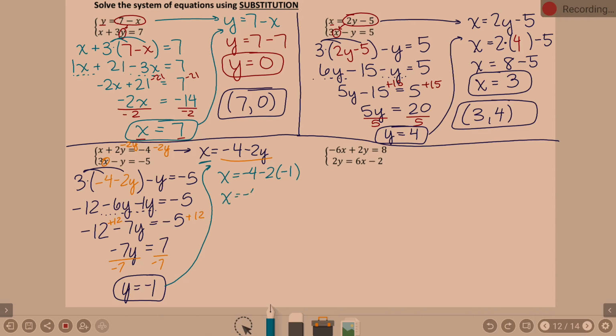Negative 4 minus 2 times minus 1 is plus 2. And negative 4 plus 2 is negative 2. Final answer. Negative 2, negative 1.